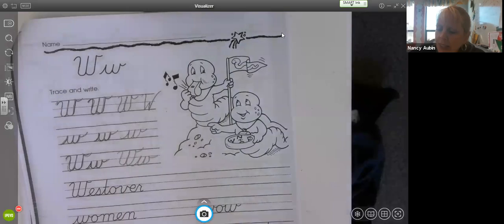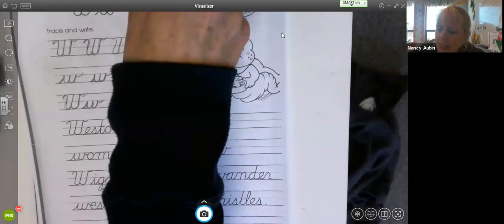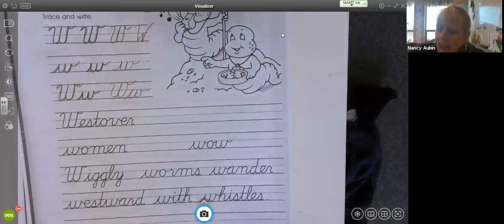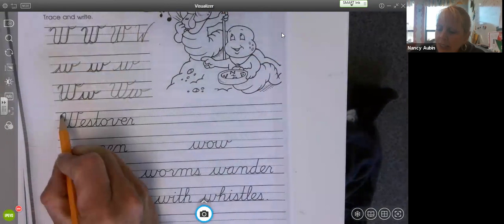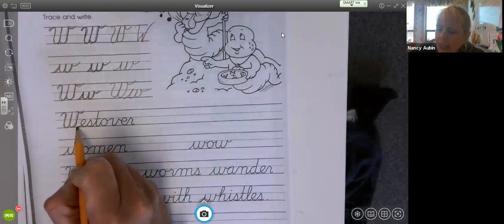The lowercase. Your first word is Westover. I'm guessing that's a city somewhere since it is a proper noun. Notice again that W does not connect. So you got to lift up your pencil, come to the grass line.